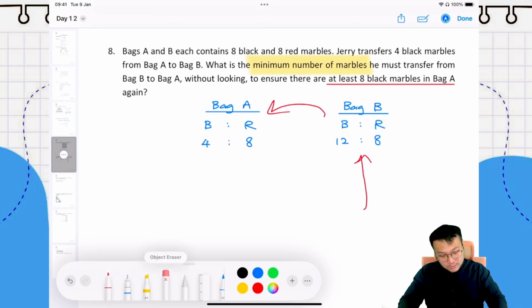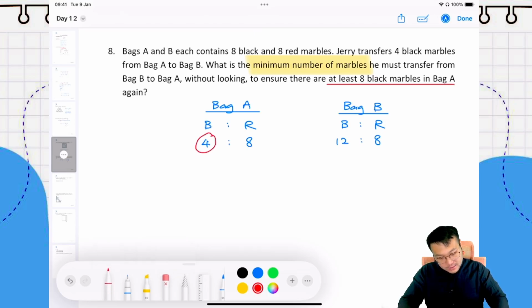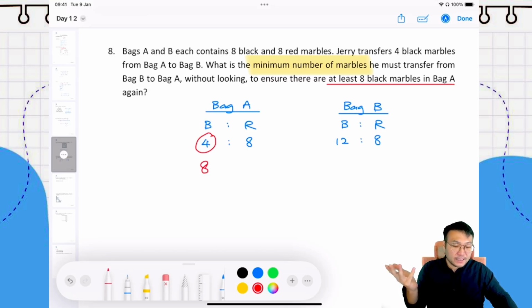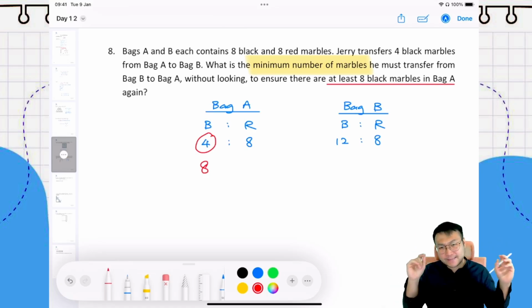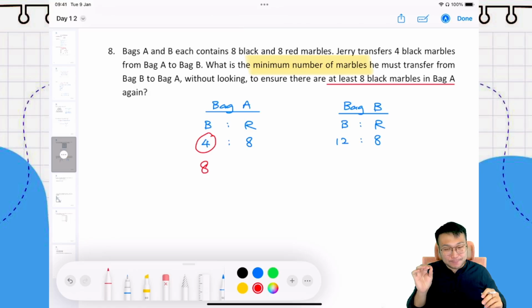His goal is that in the end, instead of having 4, you must have at least 8. More than 8 is fine. You can have 9, you can have 10, up to you. But you must be at least 8. There must be at least 8 black marbles in bag A again.